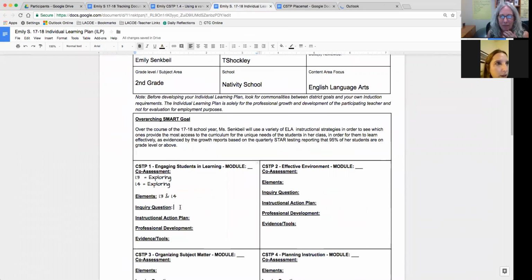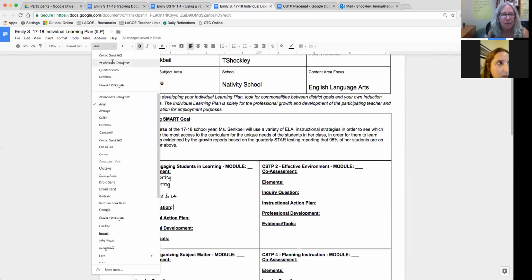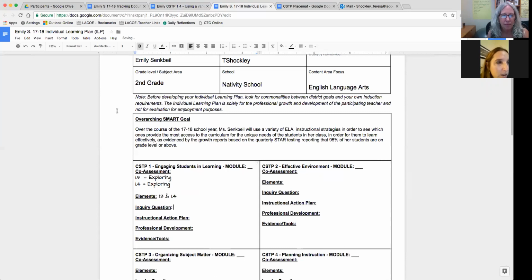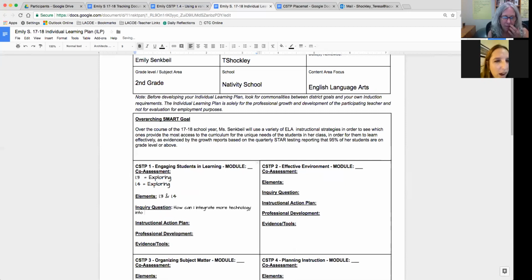I would like to learn how to better integrate technology into my lessons and into my assessments. We have a projector screen and a projector, but I would like to start doing more with that.